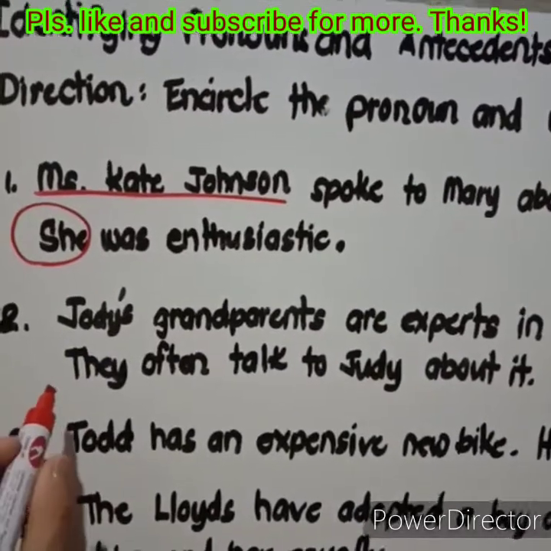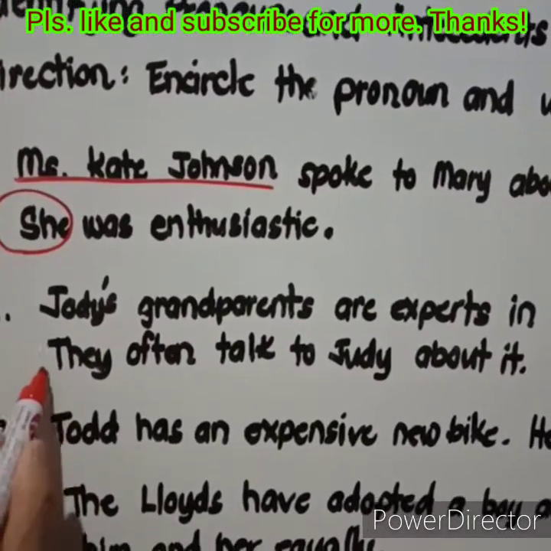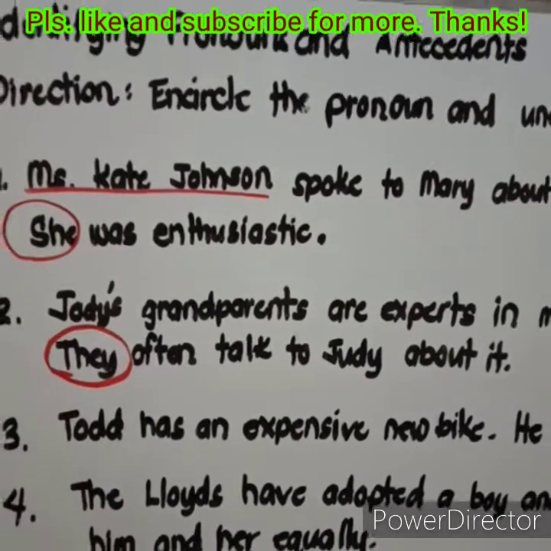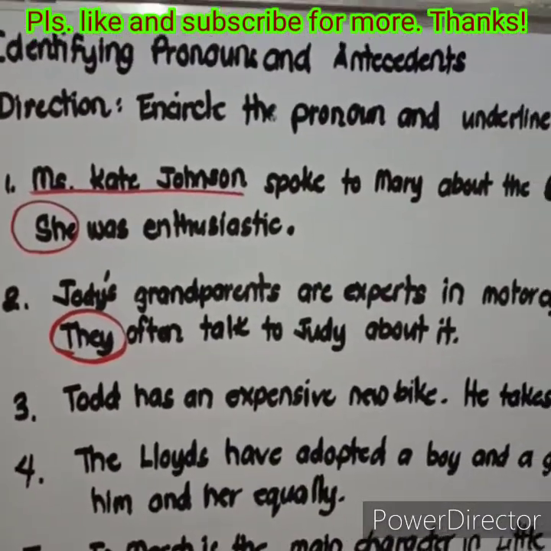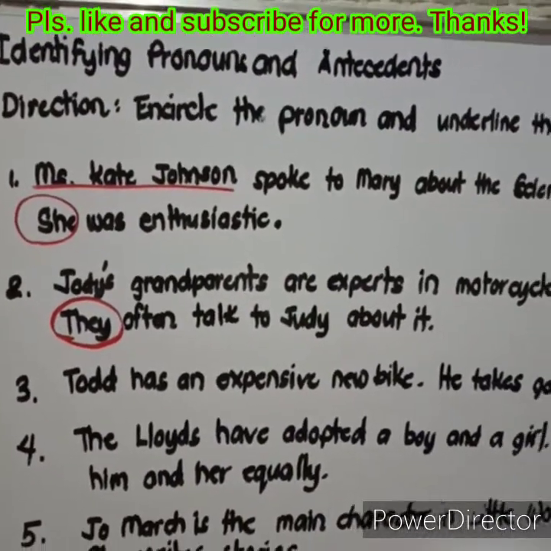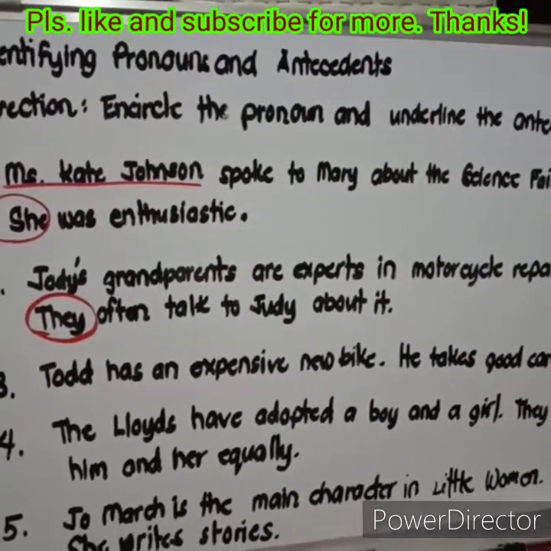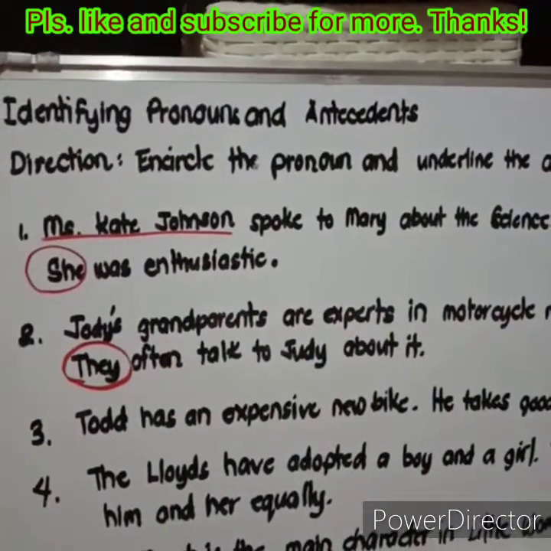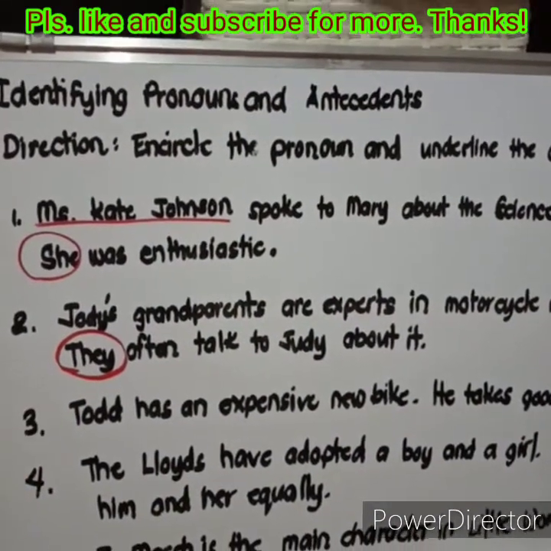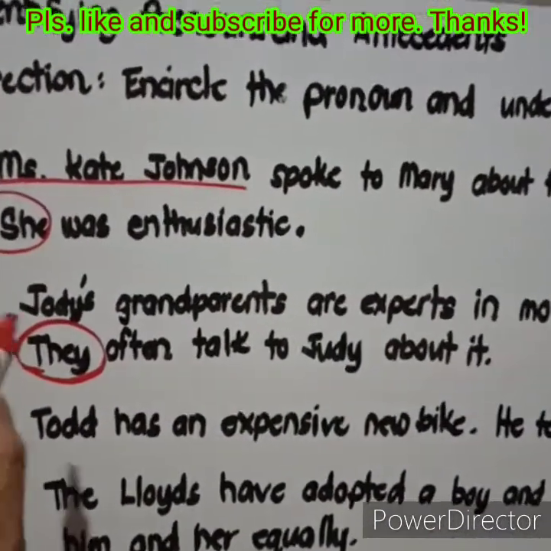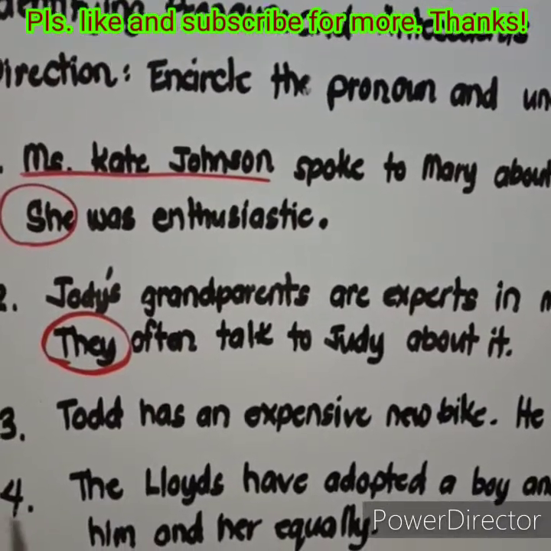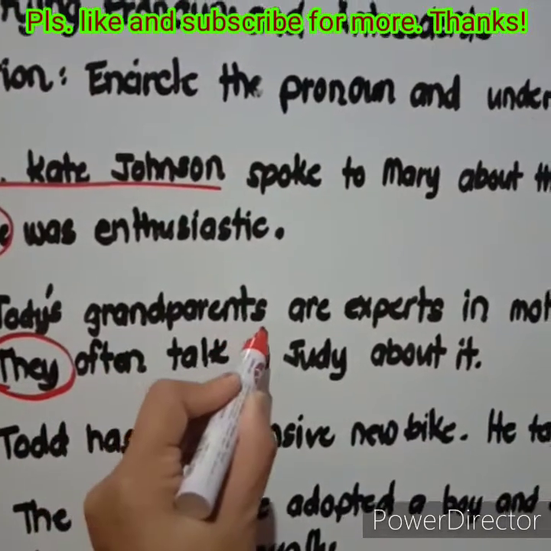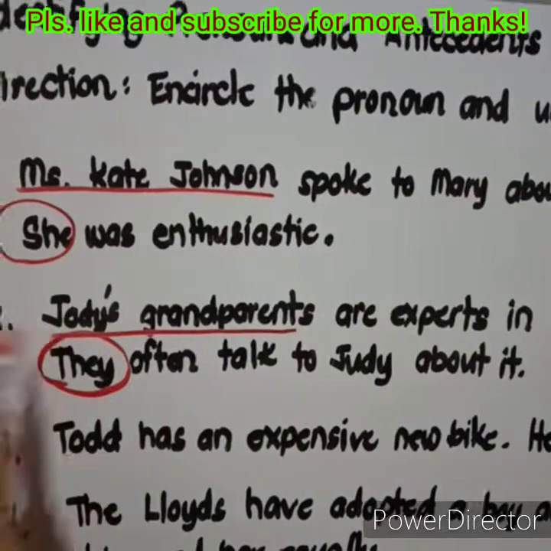So we encircle the word they because that is our pronoun. Then what is our antecedent, the word your pronoun is referring to? Our antecedent is Judy's grandparents, so we have to underline it.